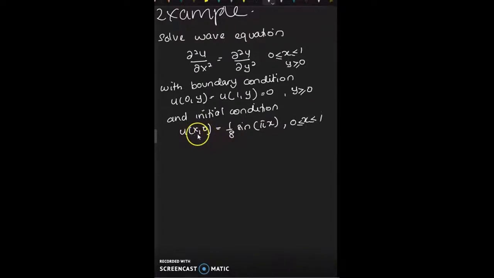The other boundary condition is the first derivative of u with respect to y, which is equal to 0 when y is equal to 0.